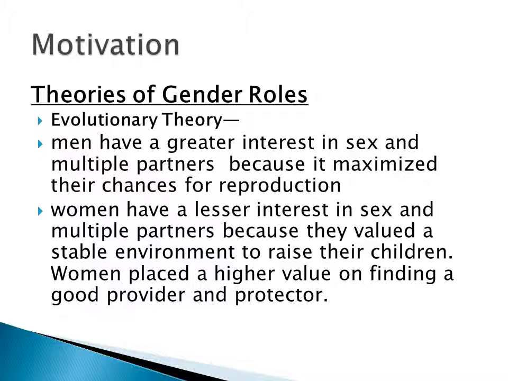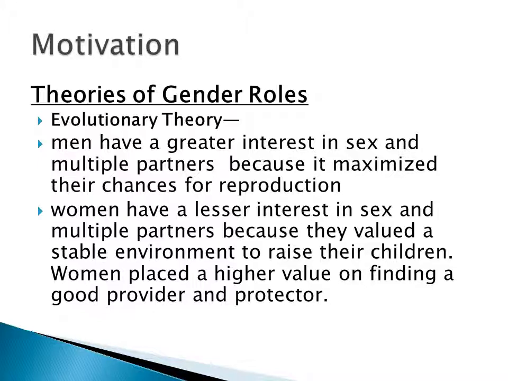Theories of gender role include evolutionary theory. This is where men have a greater interest in sex and multiple partners because it maximizes their chances for reproduction. Women have a lesser interest in sex and multiple partners because they value a stable environment to raise their children.